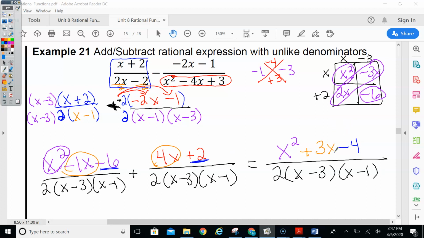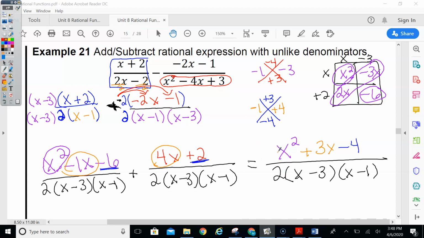And technically from here you should check to see if it can factor further. So if I do another x here, negative 4 plus 3. What are the factors of negative 4 that add to 3? We have a 1 and a 4. The bigger one is positive and this one's negative.